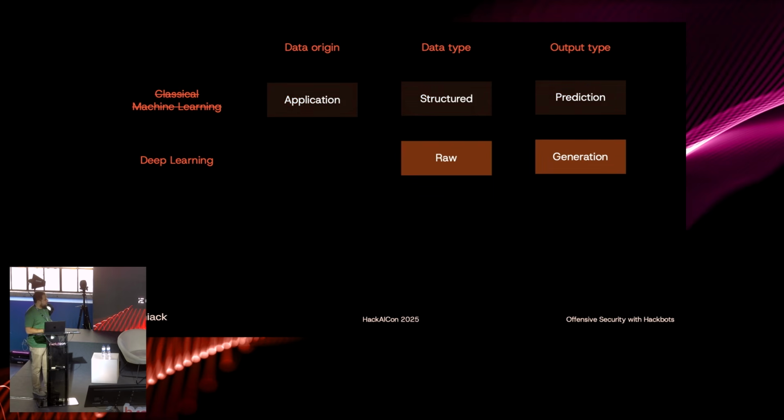Then we moved on to deep learning, which marked a very significant shift. We could now provide multiple types of data to these models, such as text, images, audio, or even video, without the extensive manual feature engineering of classical machine learning.